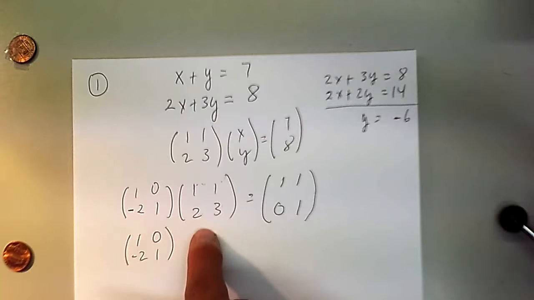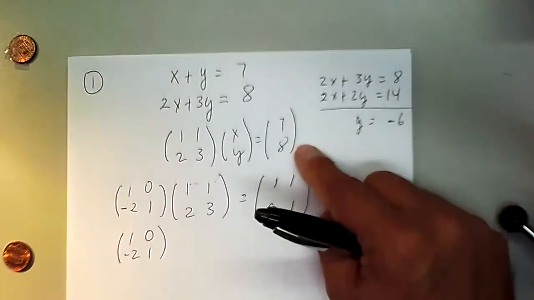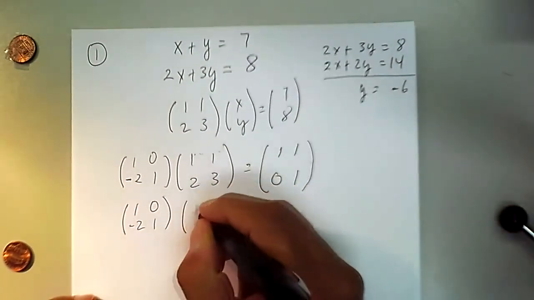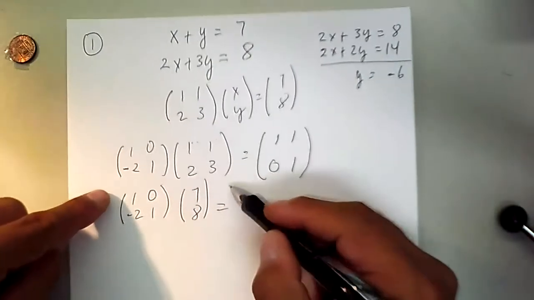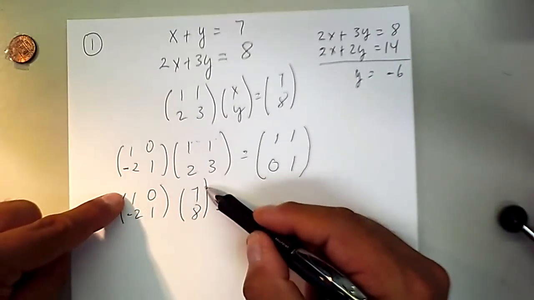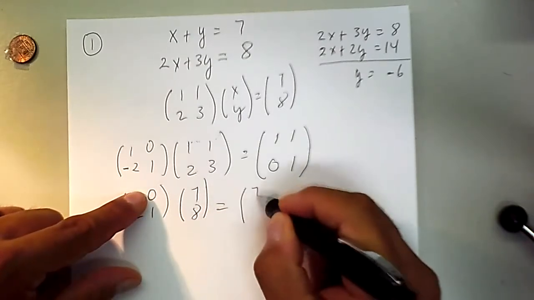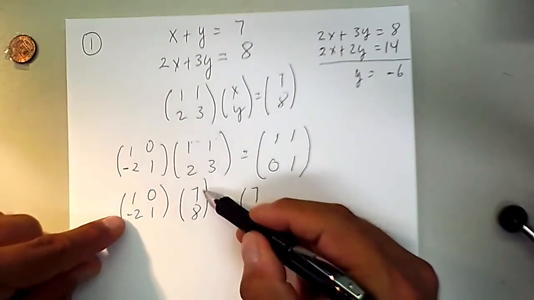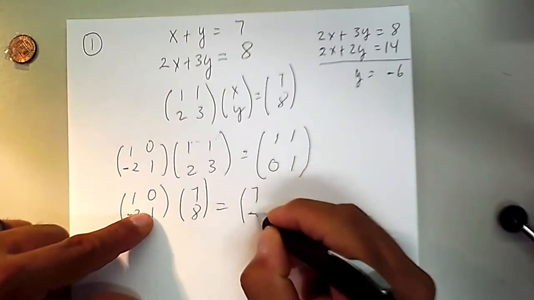Now we want to see what happens with 7, 8. So we have 7 plus 0, so that's 7. And then -14 plus 8 is -6.